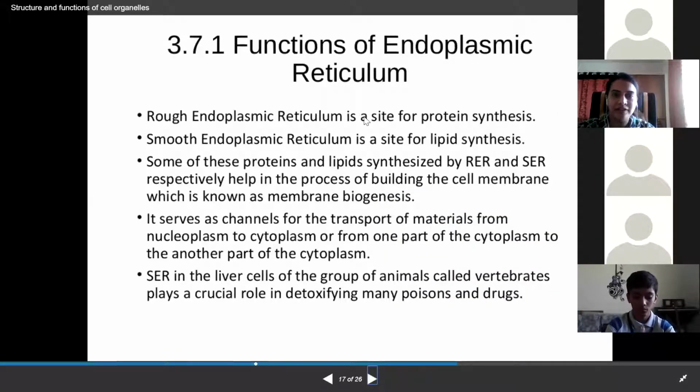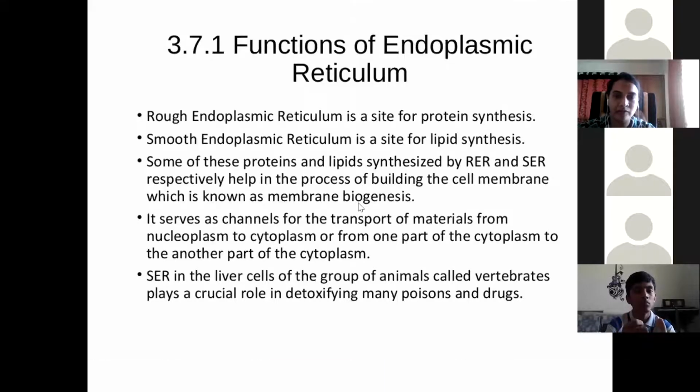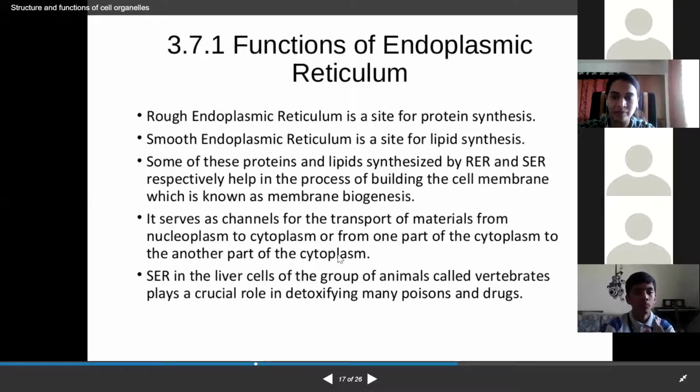So what does the endoplasmic reticulum do? It stretches across the cell, right from the plasma membrane till the nuclear membrane and then to the plasma membrane. So it is also a site for protein synthesis with the ribosomes. Smooth endoplasmic reticulum is for lipid synthesis. Lipid is oil.